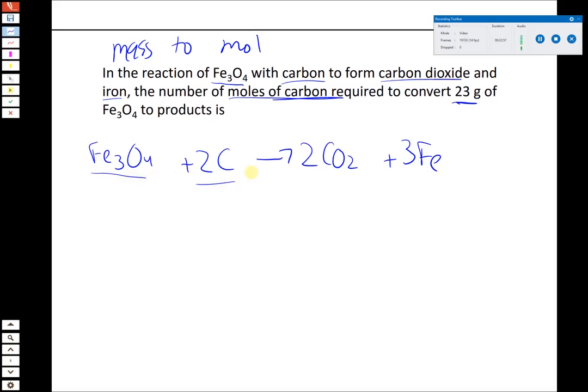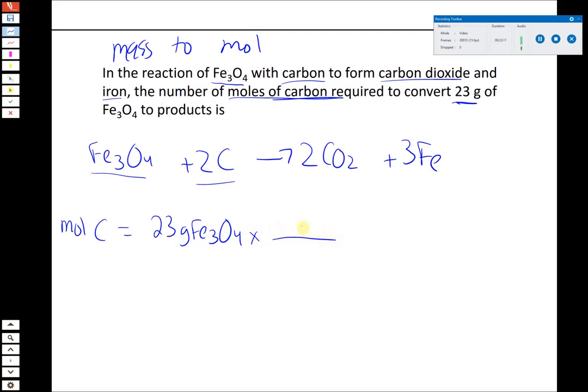So we want to know how many moles of carbon are required to convert 23 grams of Fe3O4 to products. So we're looking for moles of carbon. We're given grams of Fe3O4. So in this case, since we're given grams, we have to first convert into moles. We can't just do the conversion directly.